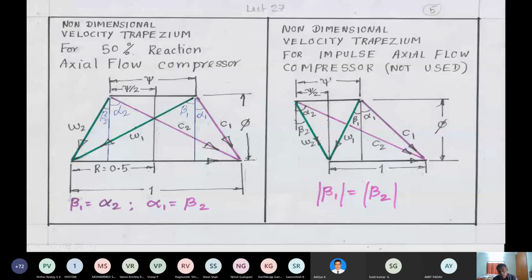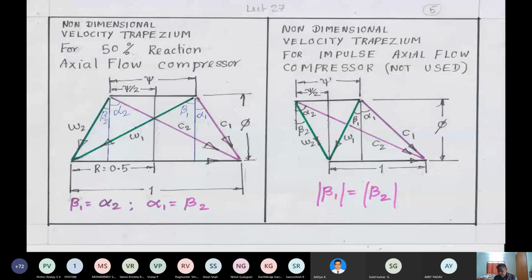Some reversal of flow might also take place. The other one is choking, that occurs at high volume flow rate. Finally, at some passage, the Mach number 1 is reached and the mass flow rate will not increase further. Here choking and surging is more complicated because so many rows are there, so where exactly it initially starts, they are all complicated issues.